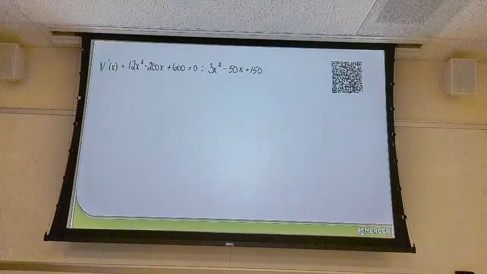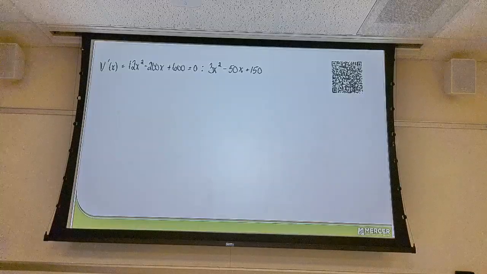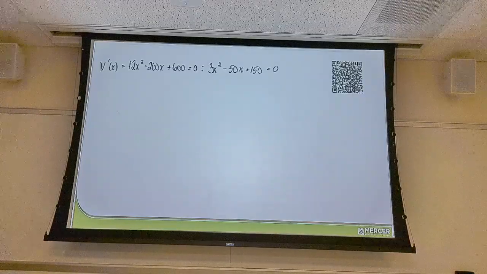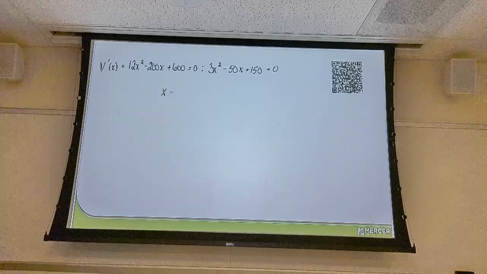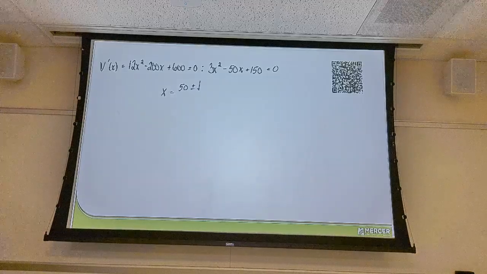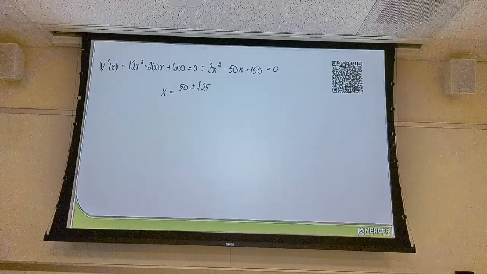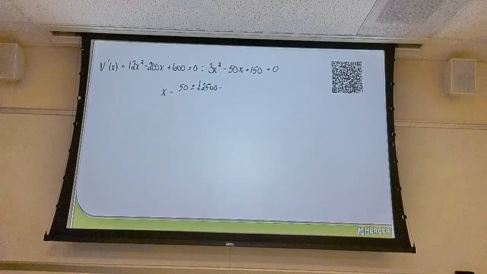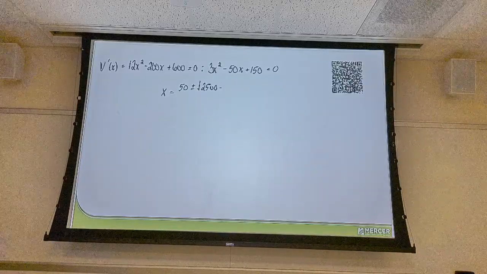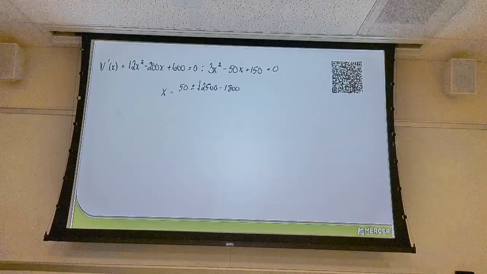Well, it can be, just not with integer coefficients. So, quadratic it is. 50 squared, 2500. 4 times 150 is... I'm sorry, no, 600. 600 times 3.